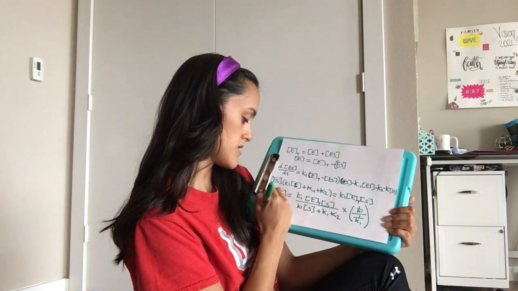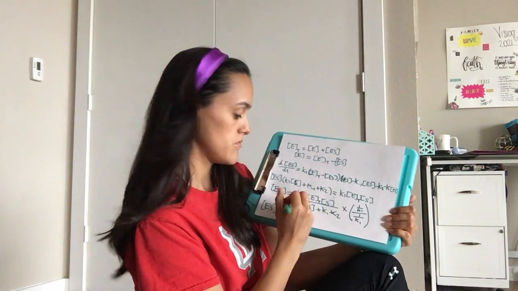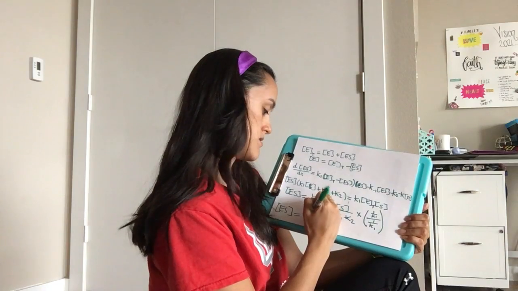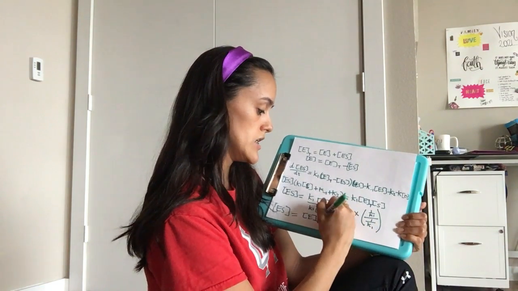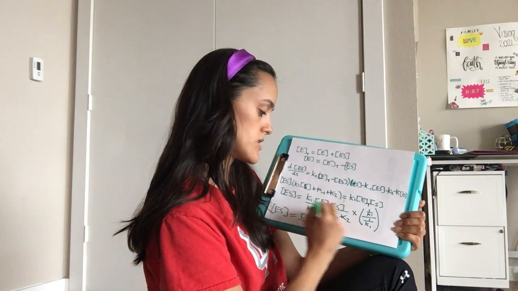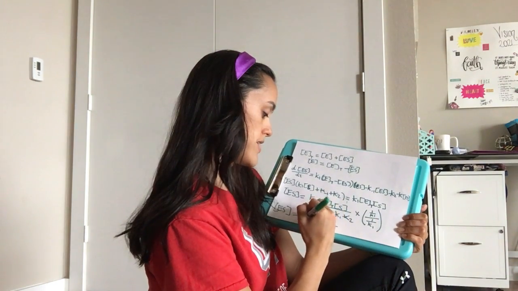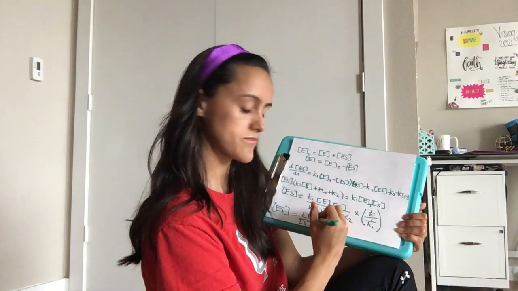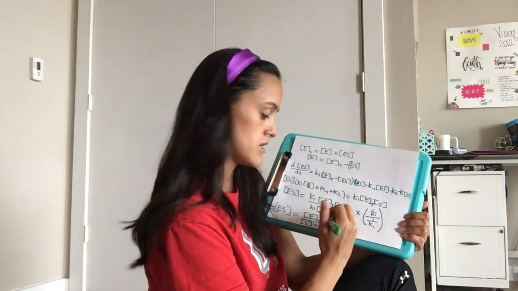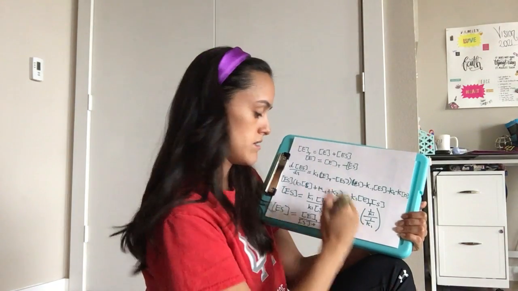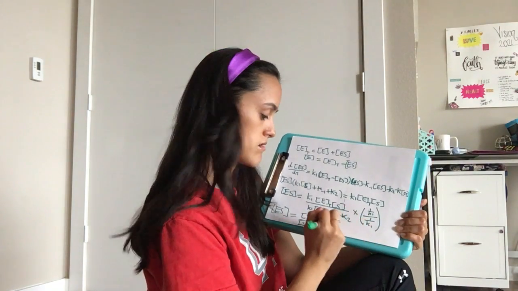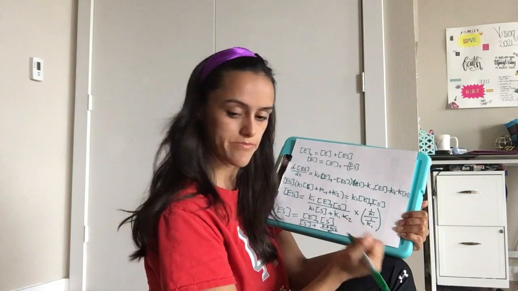Therefore ES will be the concentration of enzyme total times the concentration of substrate, divided by S plus K minus 1 plus K2, divided by K1.